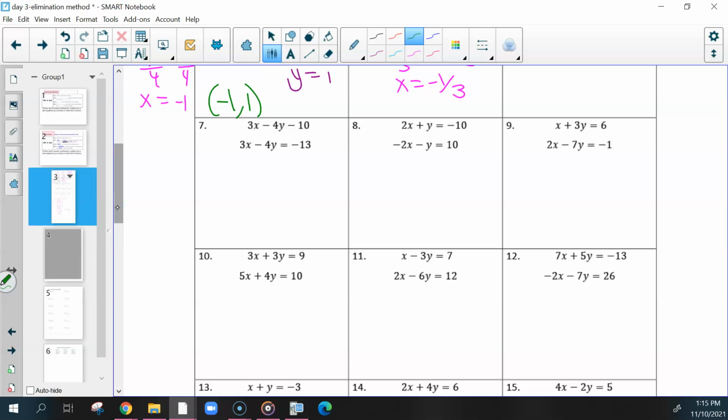Doesn't matter if you choose your x's or your y's. We'll do an example where they're both different. We'll do number 10 in a second. But let's say we wanted to get rid of our x's in this case. We have 1 and we have 2. If we want them to be the same, that means they would both need to be 2, because we can't do anything really to make it become 1.